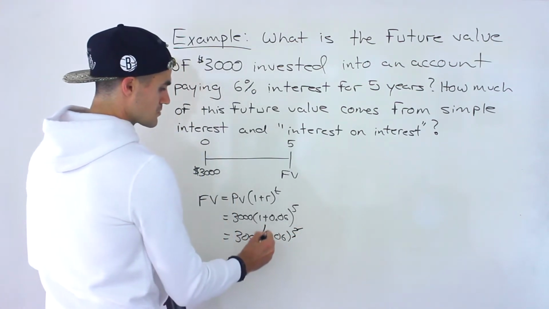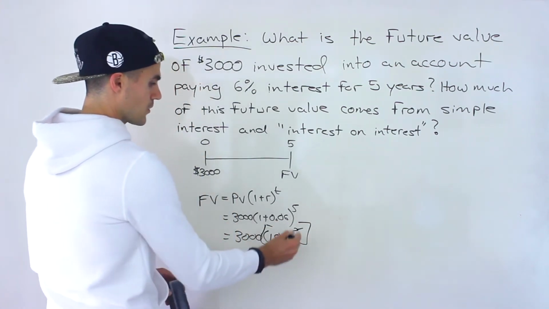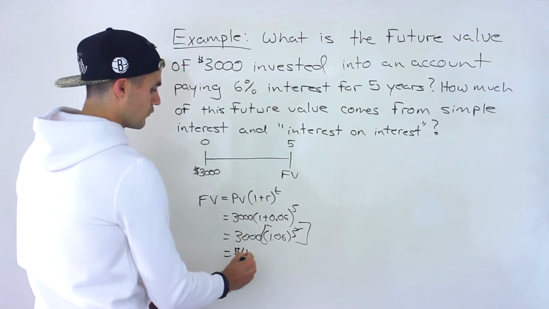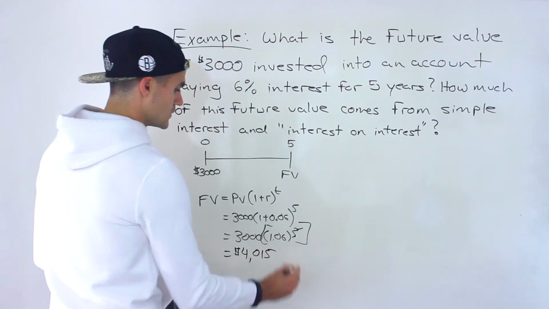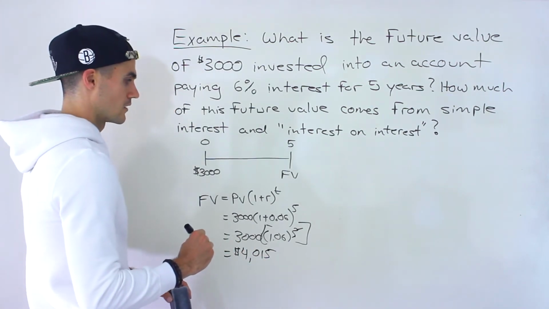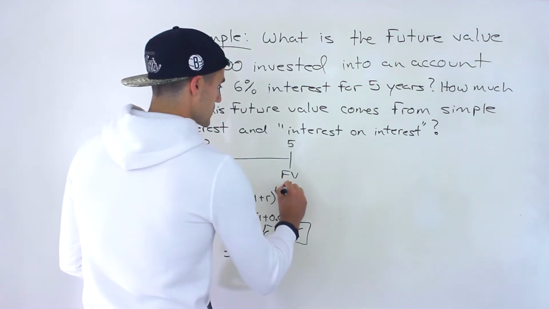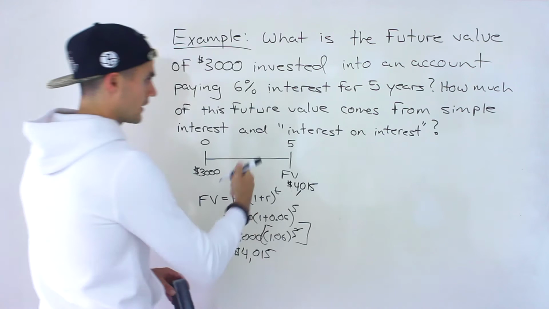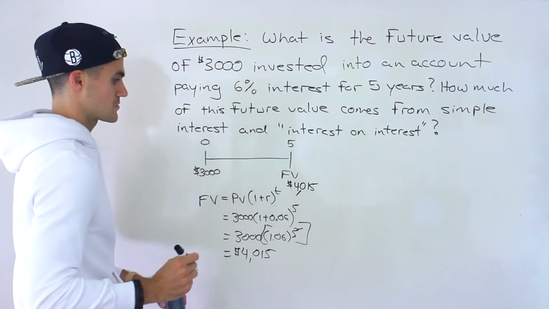Make sure you're doing the exponent first in your calculator, then multiply it by 3,000, and you'd end up with $4,015 if we round it to the nearest dollar. So the amount you're going to receive is $4,015 in 5 years if you invest at 6%.